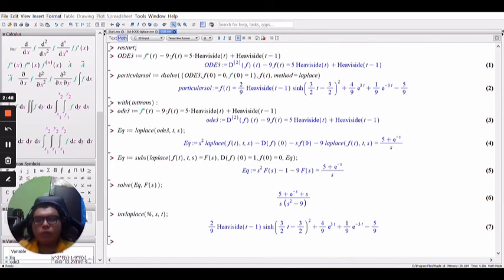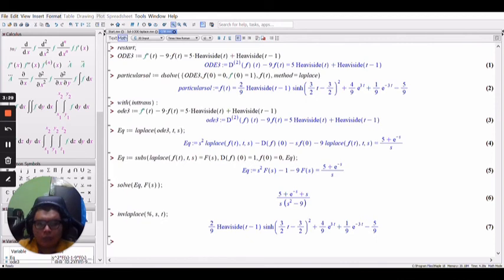Then we need to Laplace transform ODE3. We use this command, eq equals Laplace ODE3, for this equation, which is in the form of t, and we want to transform it into the form of s. So it will be displayed like this: eq equals s squared Laplace f(t) t s minus df0 minus s f0 minus 9 Laplace f(t) t s equals 5 plus exponent negative s over s.